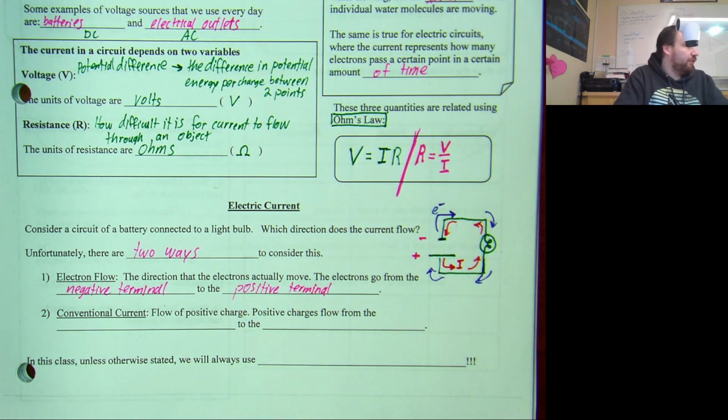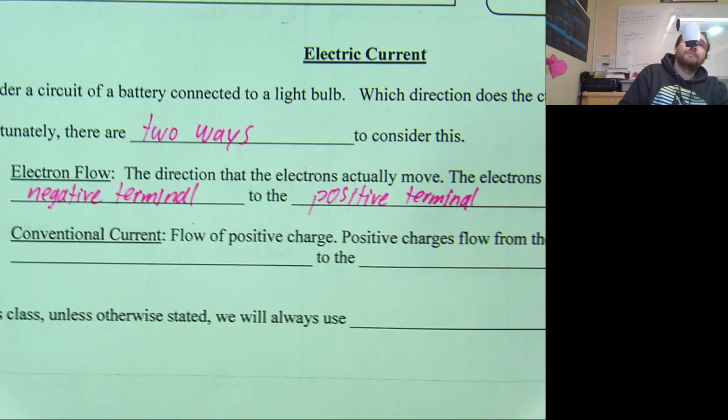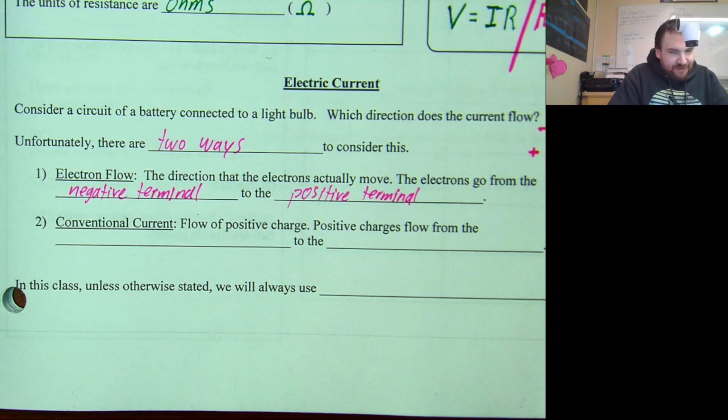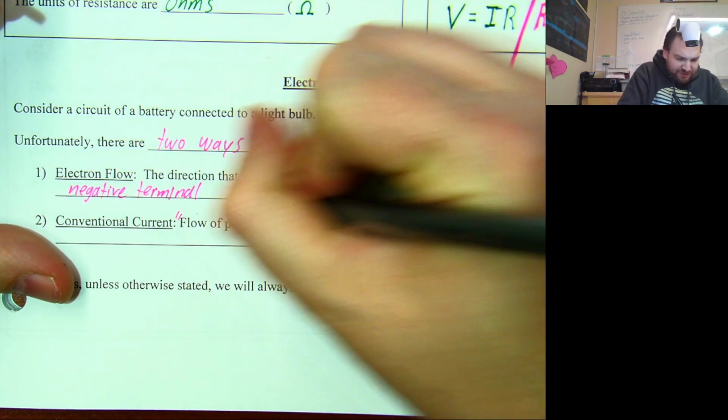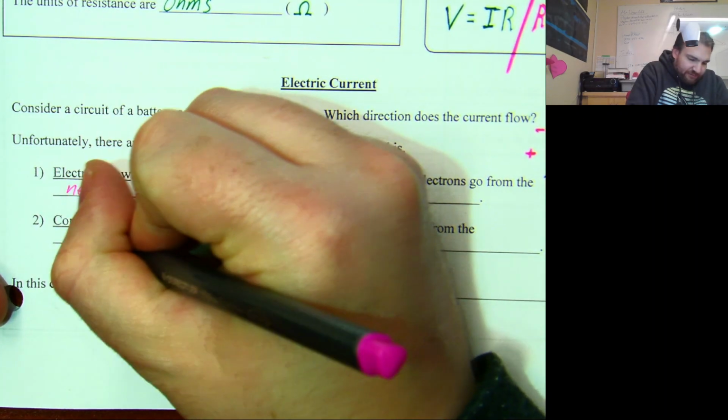That is electron flow. Or, the way we understood it to begin with, this idea of conventional current, which is the flow of positive charge. Positive charge doesn't flow, but if it did, it would go from the positive terminal to the negative terminal.